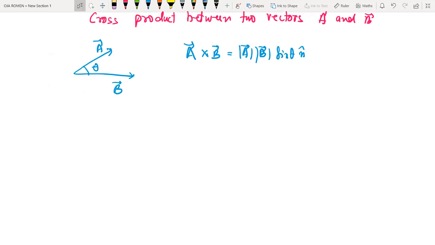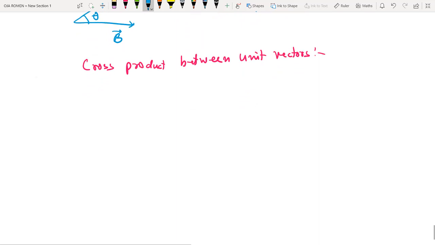Now cross product between unit vectors. So this is x-axis, y-axis and z-axis.